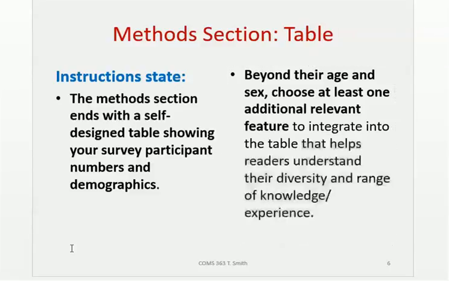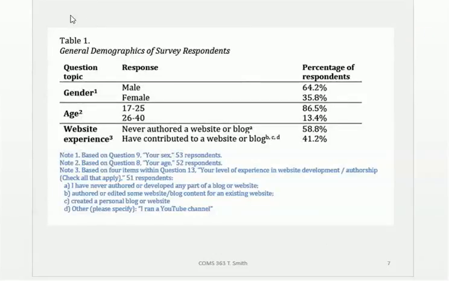Let's look at an example. Here's a table titled General Demographics of Survey Respondents. And we have gender, age, and then we have the selected category of website experience. And we see that the good table caption is formatted. The only thing that you could take off is the period after the number 1.